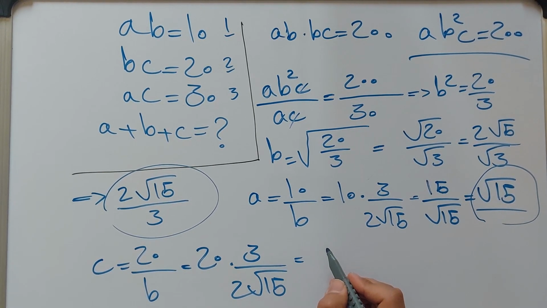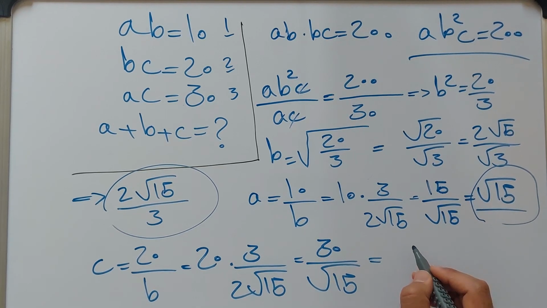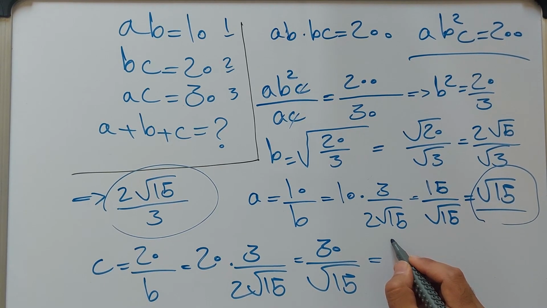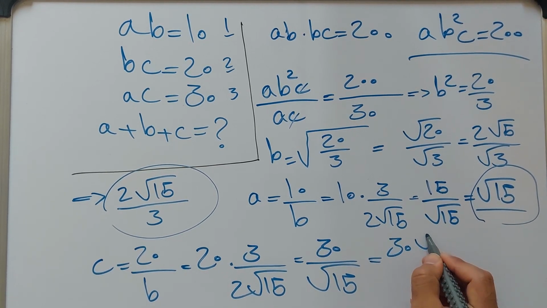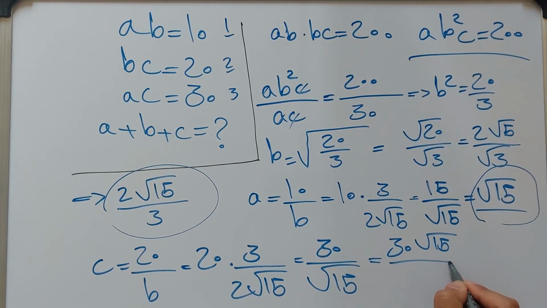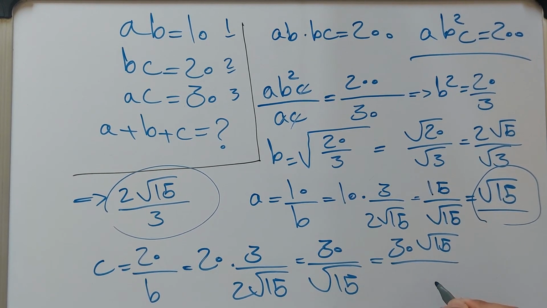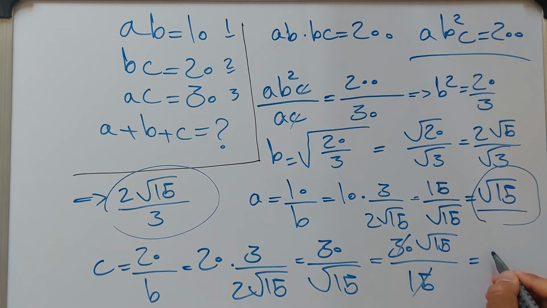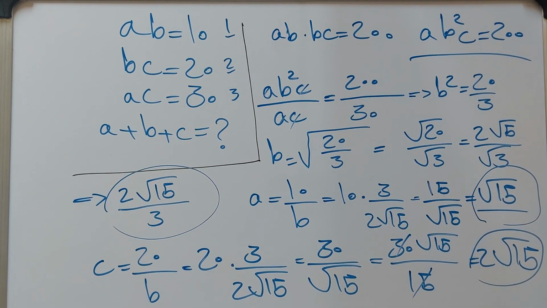So 20 over 2 is 10, times 3 is 30 over square root of 15. If we multiply the upper and lower part by square root of 15, we have 30 square root of 15 over 15. Then they cancel out, it is 2 square root of 15. So that's the C value.